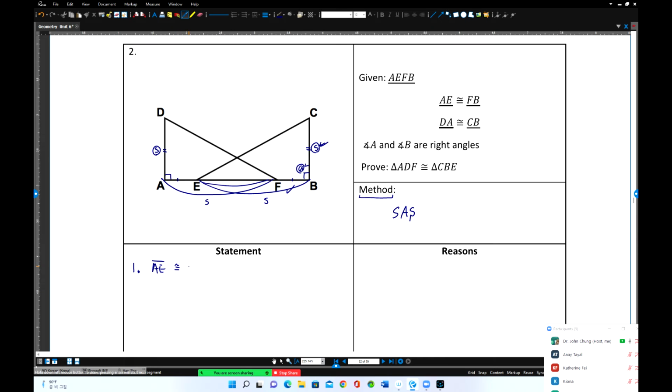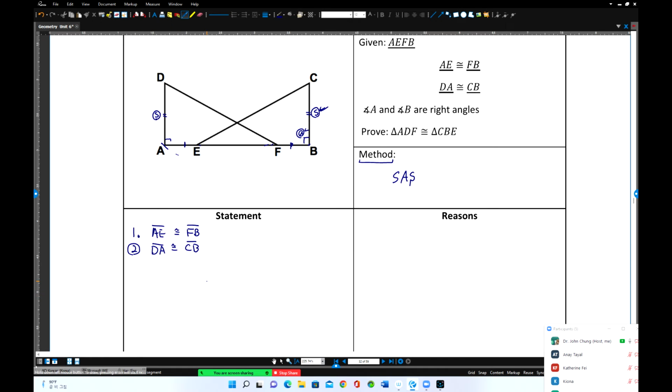Write down segment AE congruent FB, right? These two sides are equal. The second one is DA congruent CB. That's done. This is already done. From number 1, it's not complete.